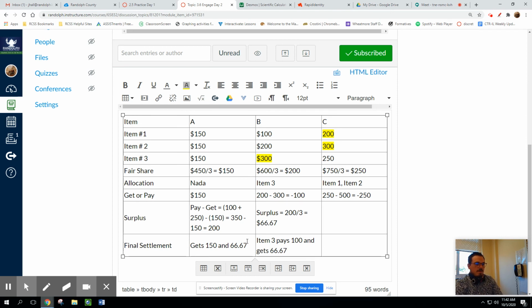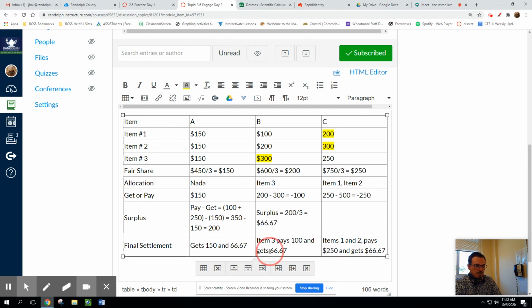Player C gets items 1 and 2, pays 250, and gets $66.67. And I'll put the dollar signs here for us.